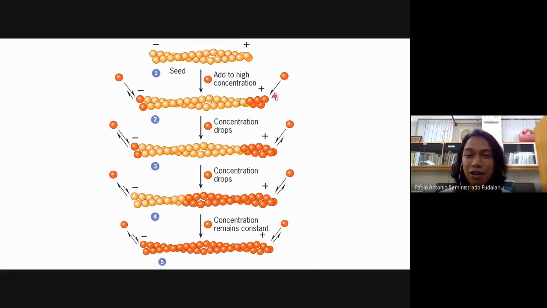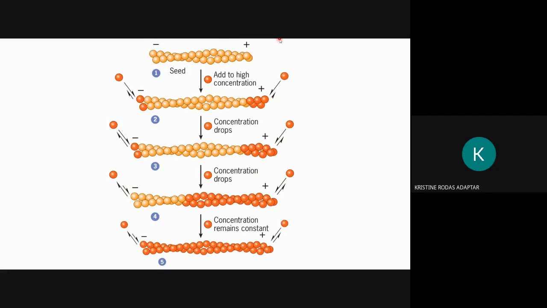But the adding of components in the plus end continues to be greater than the removal of components. So how do we call this model of the growth of actin filaments? The treadmilling model, sir. All right.